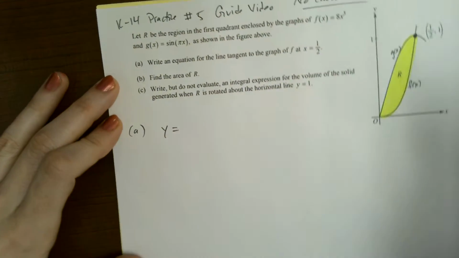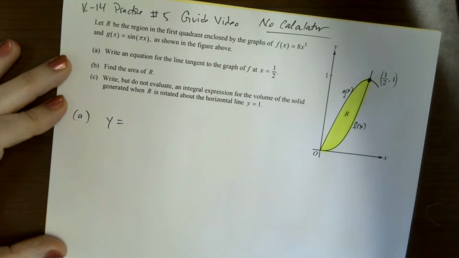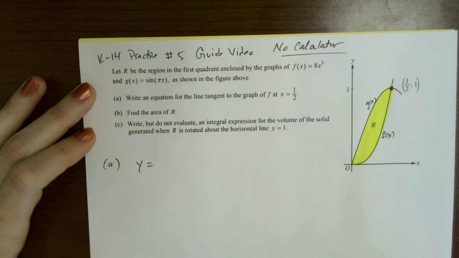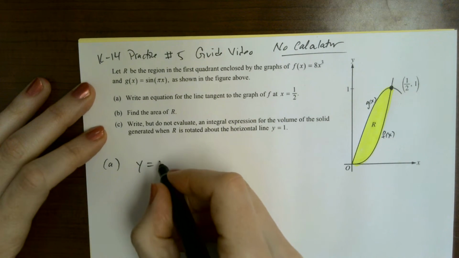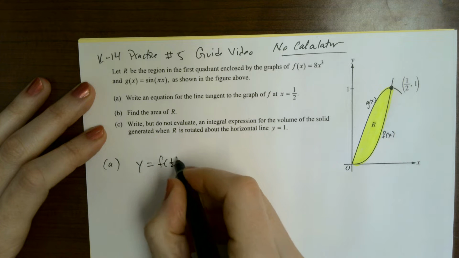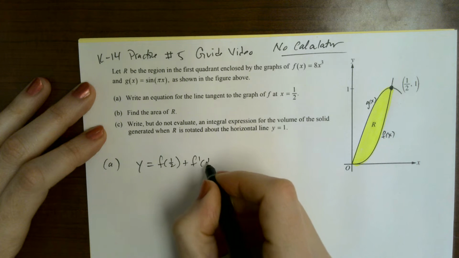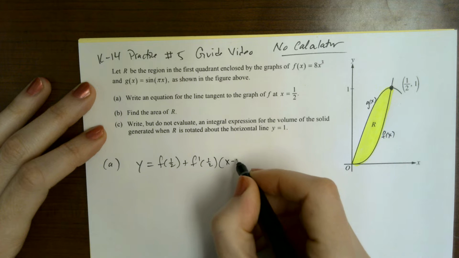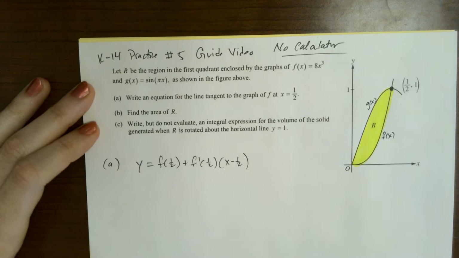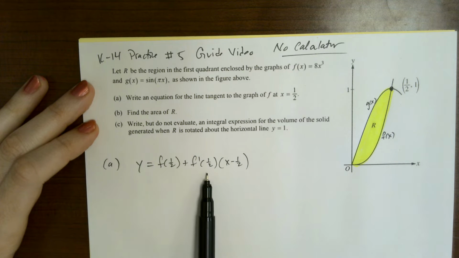So it's going to be y equals f of a half plus f prime of a half, x minus a half. So now you just need to know f of a half and f prime of a half.